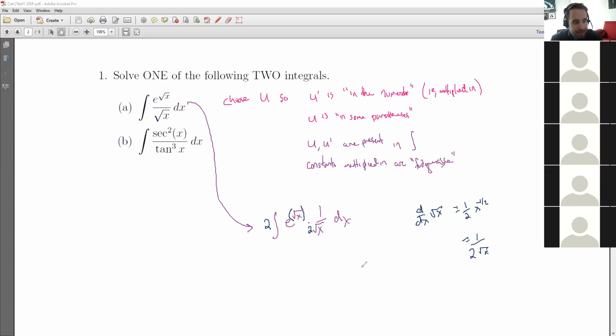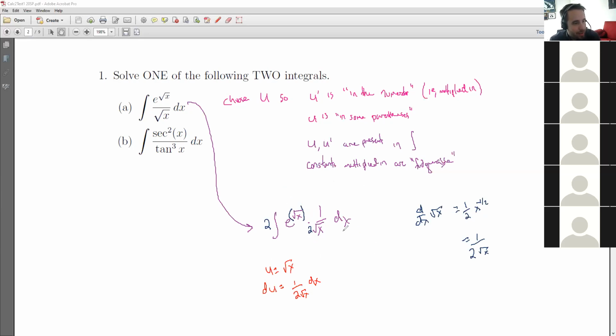So at this point, I could say, let's let u equal root x. Let's let du equal 1 over 2 root x dx. And now we see that what we have written up here is exactly a du, while what we have inside the parentheses in our exponent is exactly a u.